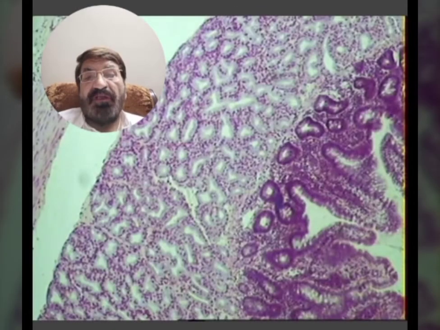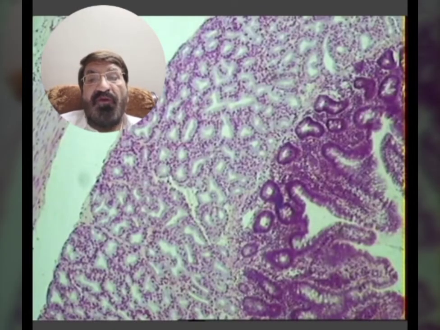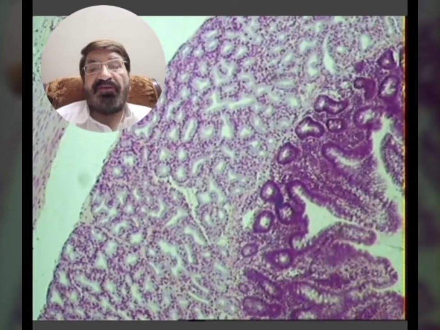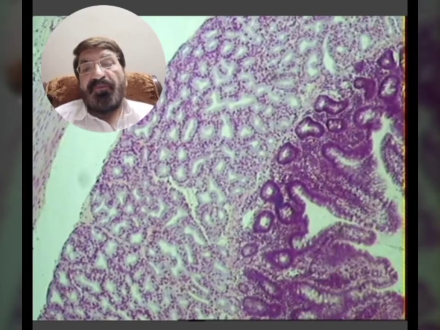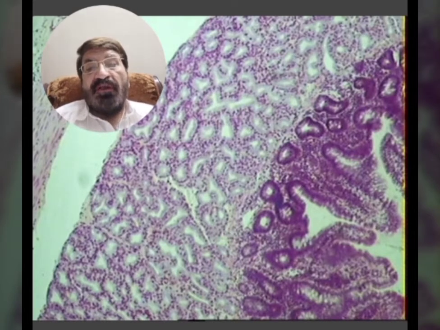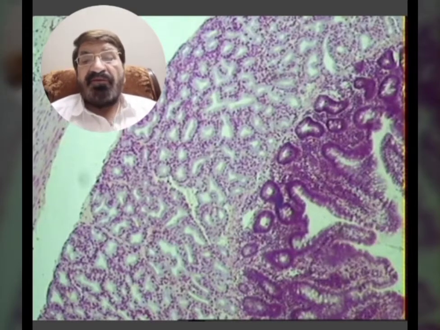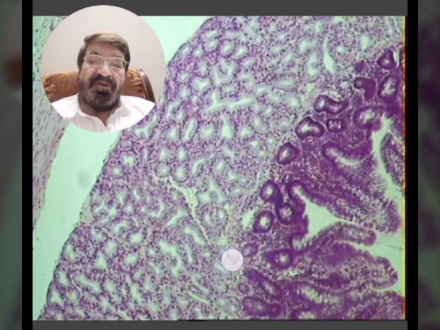As soon as we reach the duodenum, you will find that, as I have told you, the small intestine is the area of the gut where a lot of absorption is going on. So nature has made the mucosa in such a way that there is a lot of surface area.